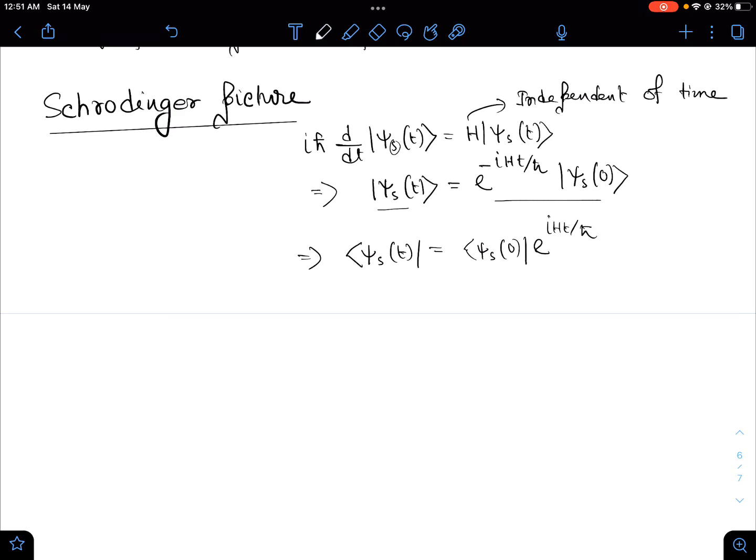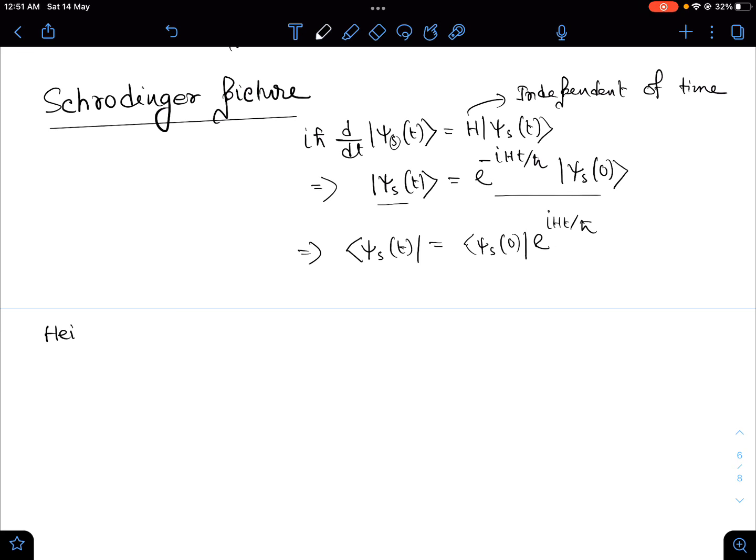So this is our Schrödinger picture, and now let us move to the Heisenberg picture. In the Heisenberg picture, time dependence is completely taken care of by the operator.